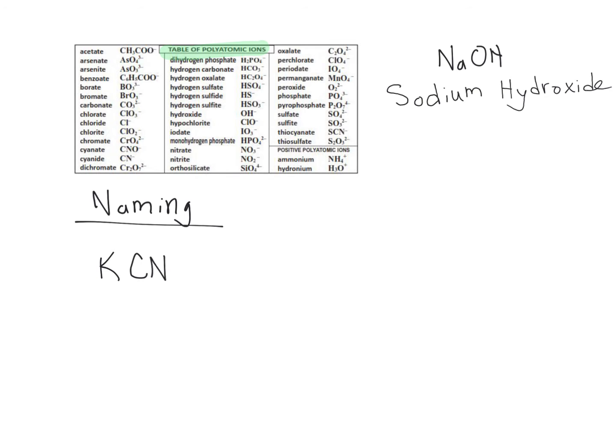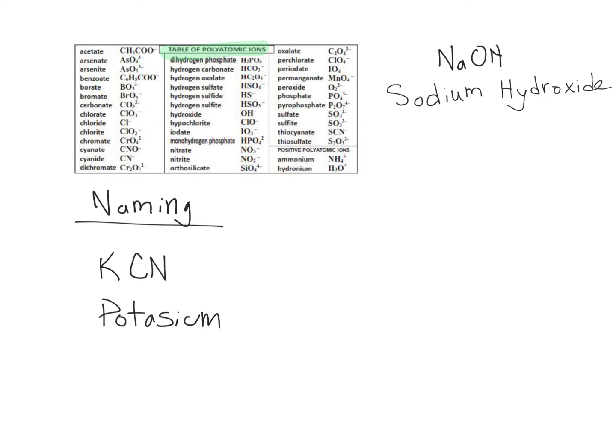Okay, here's another one for us to practice on. So this is KCN. Again, right away I am noticing 1, 2, 3 different elements: potassium, carbon, and nitrogen. That tells me that I need to be relying on my polyatomic ion table here, which is handily right above. So K, if you go and check the periodic table, is going to be potassium. So the metal will always be the first one, potassium, and I'm sorry, I think I misspelled that.